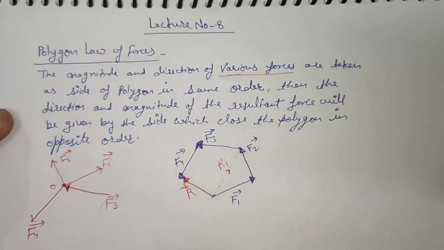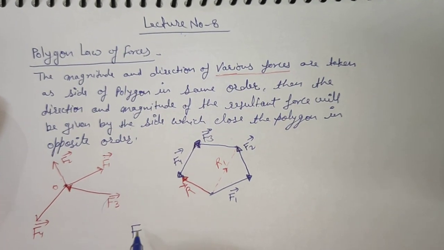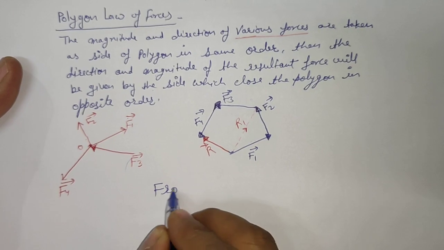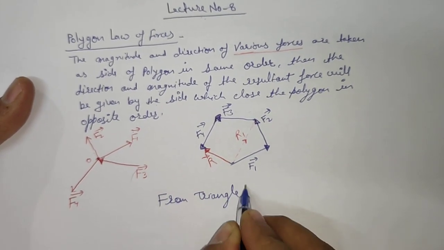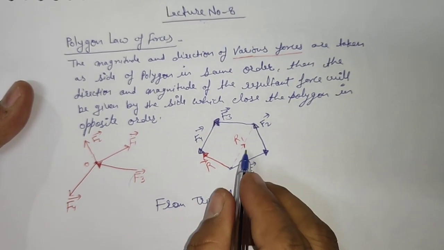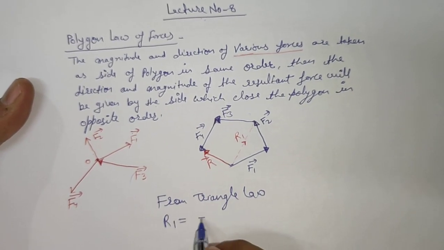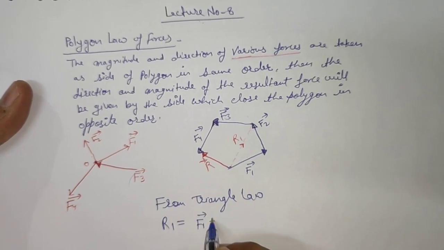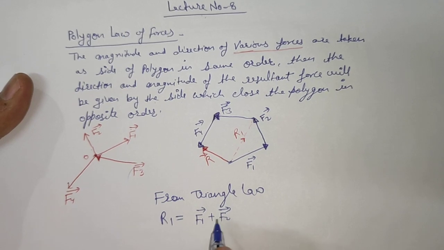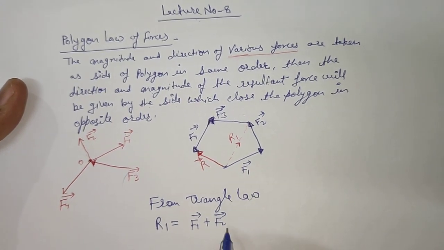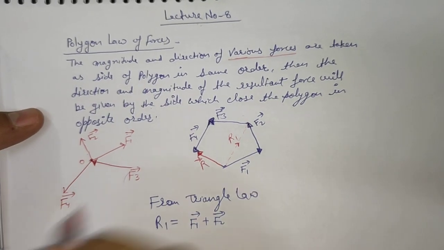We'll take this as R1. From the triangle law, what is R1? R1 is F1 plus F2. From the triangle law we have solved, है ना. So यहाँ से हम R1 निकाल लेंगे, from vector addition.